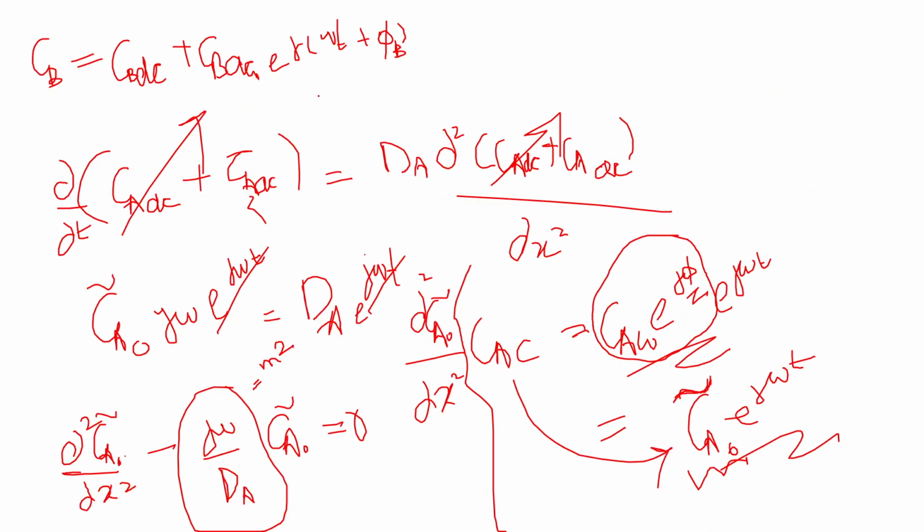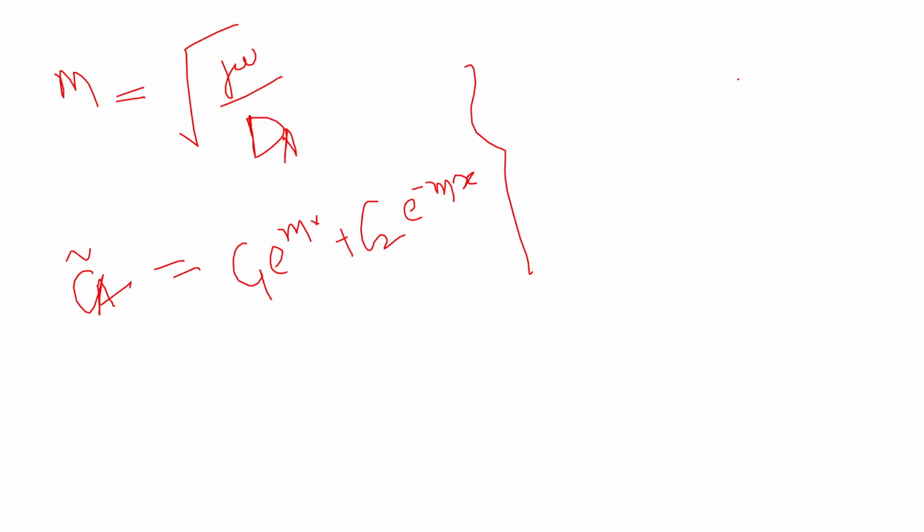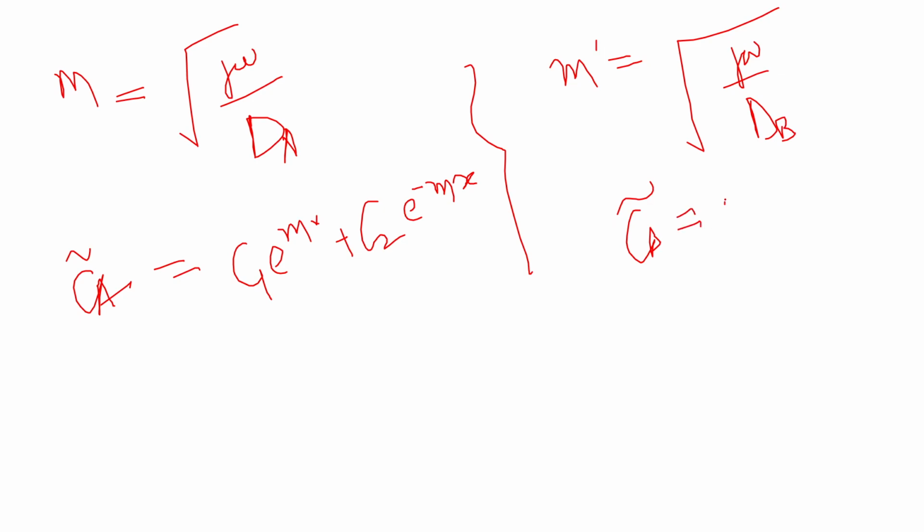CB DC plus CB AC, e raised to jωt plus φb. So if I use Fick's law for B and do the same thing, I'll get another equation for B. M dash will be root of jω by dB, and CB will be C3 e to the power m dash x.